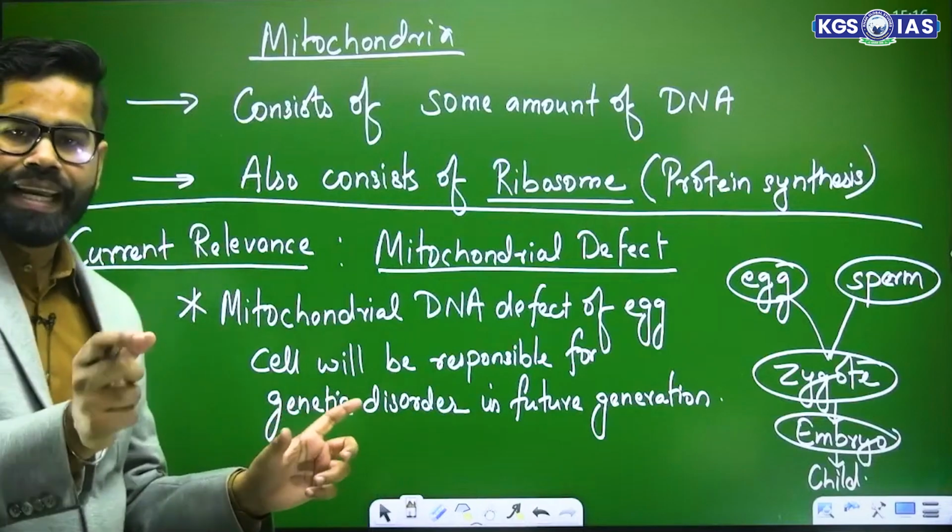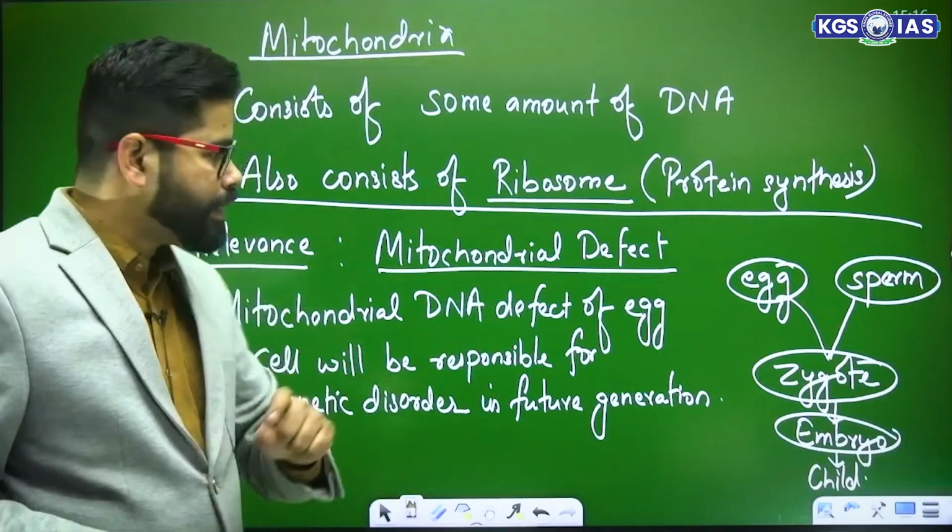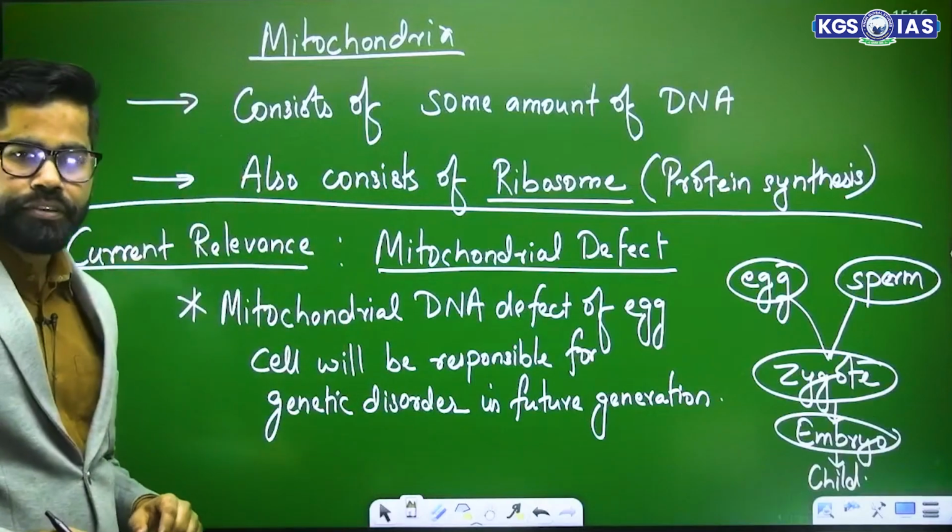So just in a note or in additional information, you can write somewhere this mitochondrial defect.